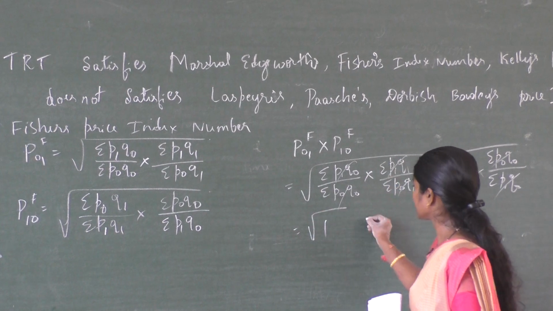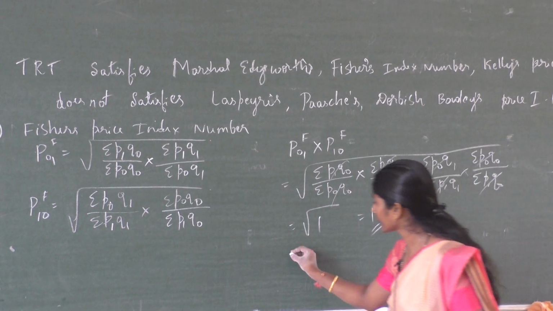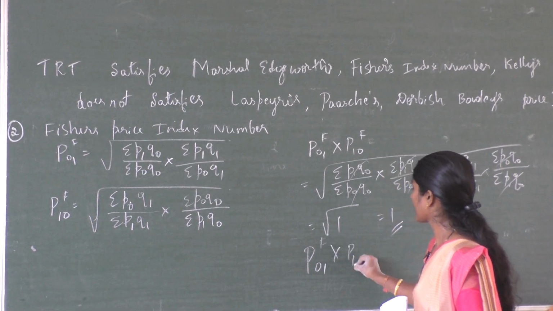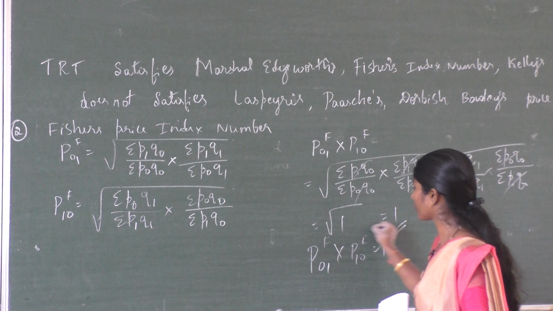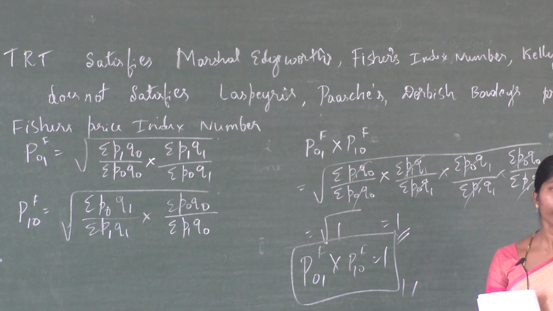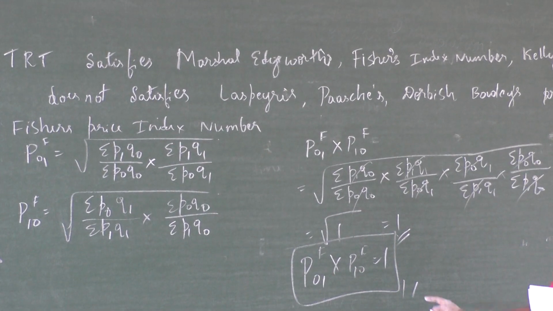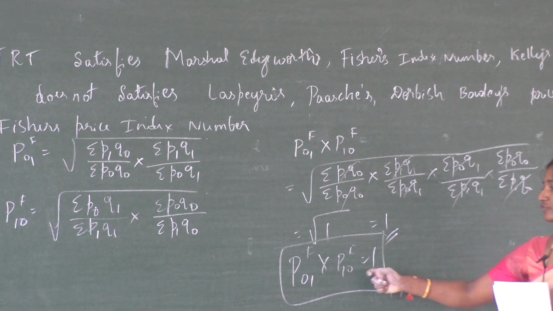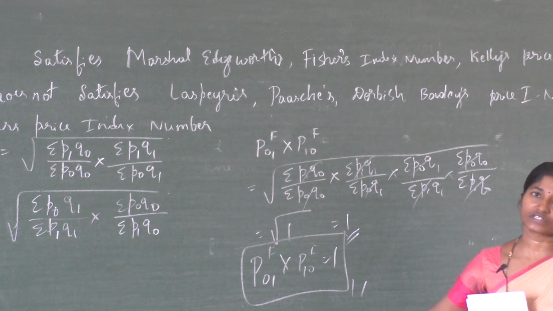The square root of 1 is the answer, 1. Therefore here also we have proved that P01 of Fisher's and P10 of Fisher's is equal to 1. Therefore the Fisher index number also satisfies which one? The time reversal test.